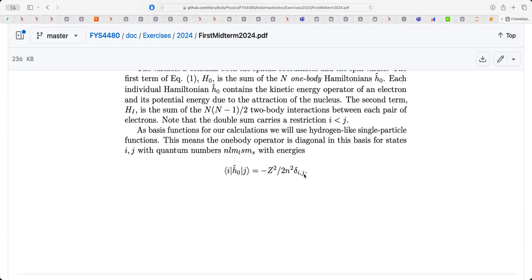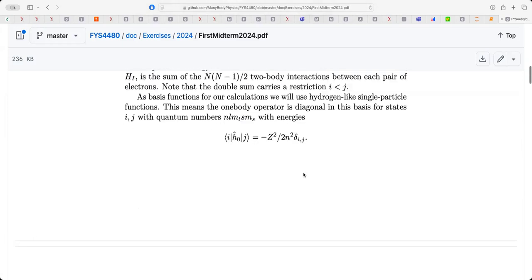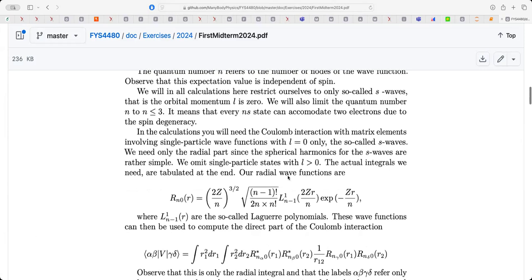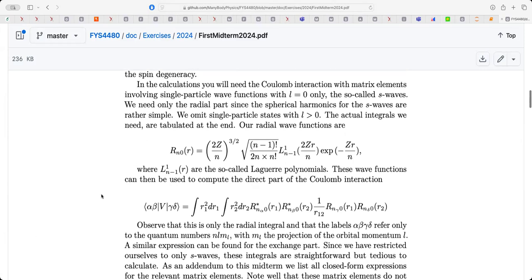Okay. We're also going to make an approximation here that the only single particle states which exist are so-called S waves. That means that the orbital momentum L, which defines the states, you can see now that when you solve the hydrogen-like wave function, the states will have quantum numbers like the number of nodes and the orbital momentum, which we just put to 0, which means that the wave function is isotropic in space, and it depends only on the radial coordinates.